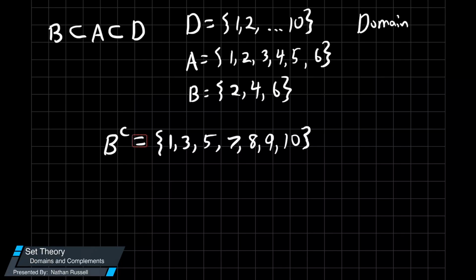So in any case, remember, always be mindful that when a domain is defined, it applies to everything from then on out. The domain should always be defined anytime we create a set, and we cannot discuss complements until we define a domain.